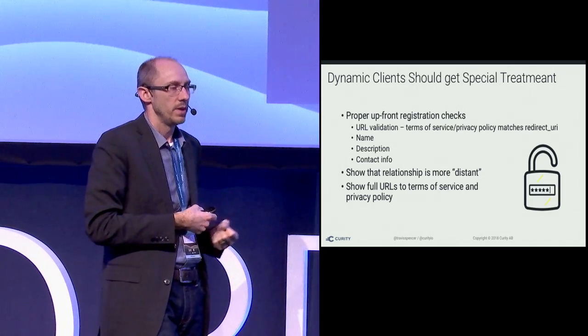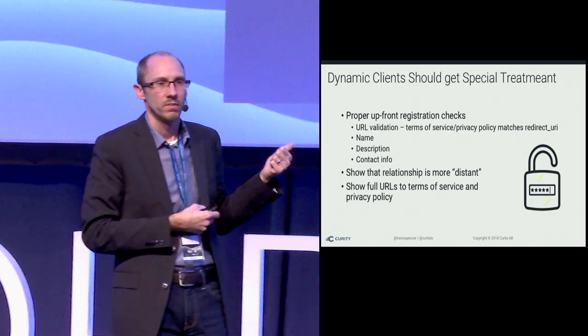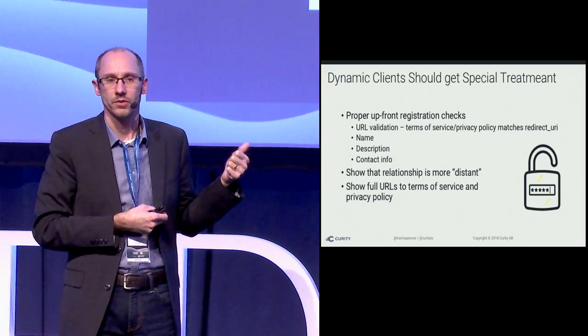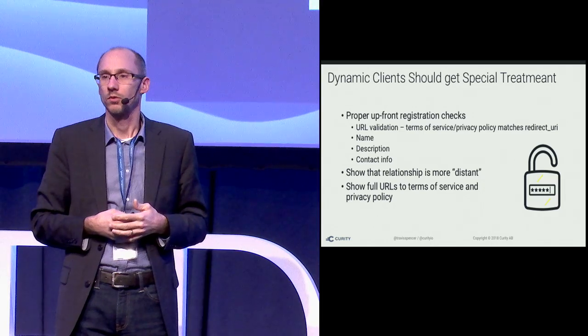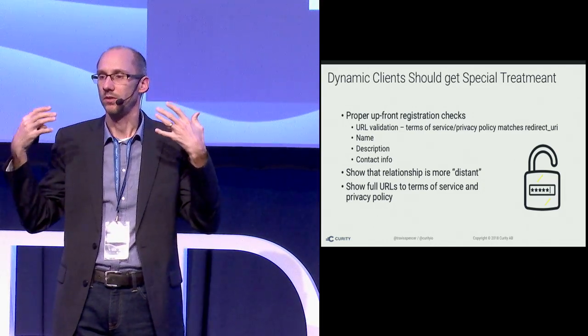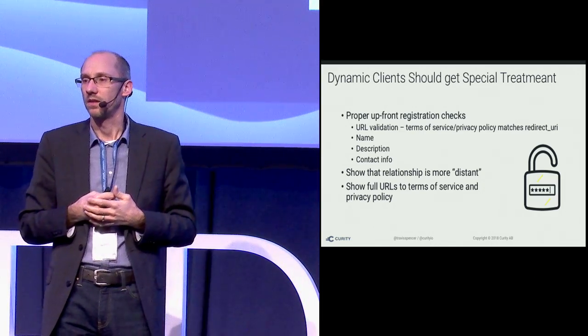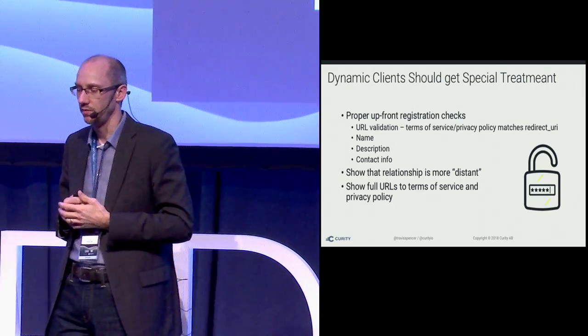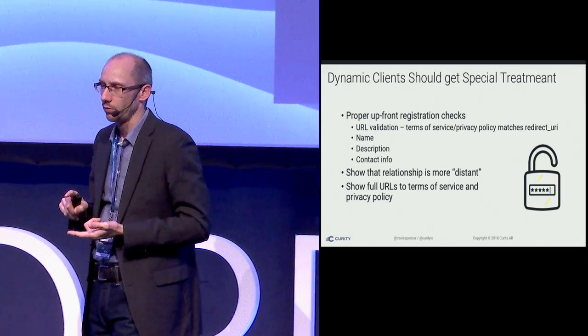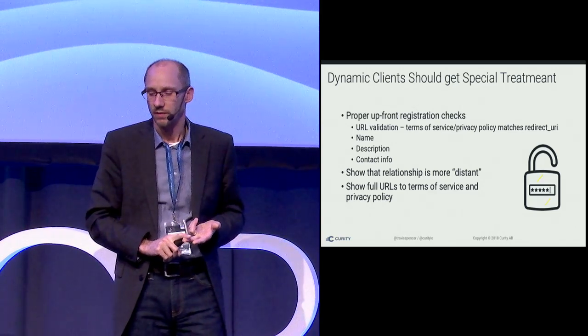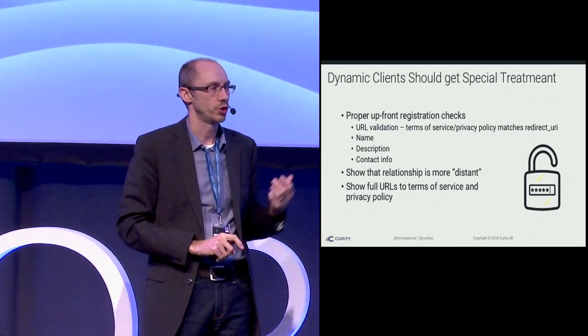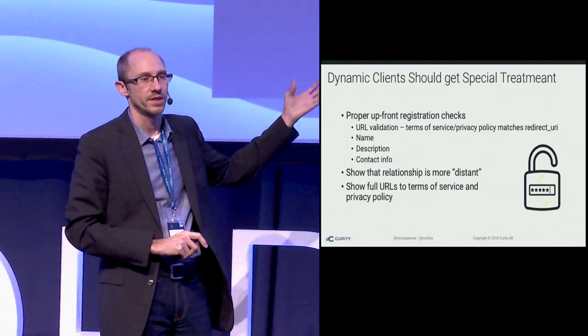You also may want to do some checks to make sure that the name of the client is registered, so you don't just show this GUID that's completely opaque, but an actual name that the user can relate to and know before they give consent to that dynamic application receiving their data. You could also enforce rules to say that the description should be there, contact information should be available. You also probably want to show in the consent that this is a more distant application.